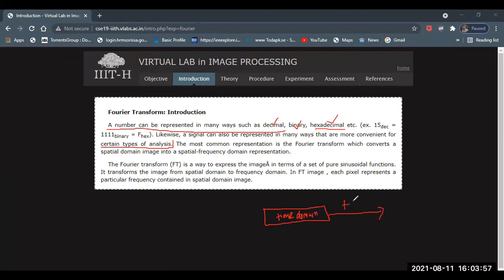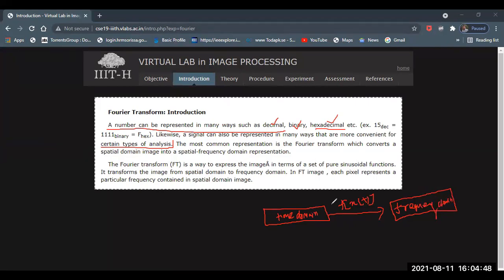I will write f of x(t), where f is any type of transformation. The question arises here: why should we convert from one domain to another domain?